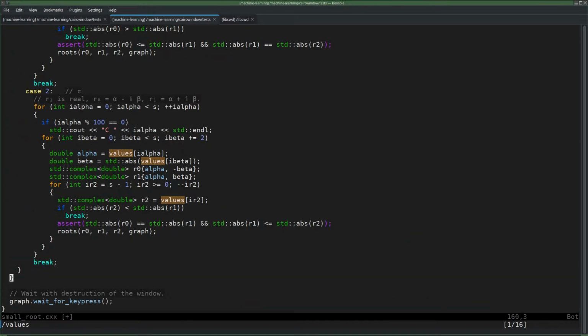Also, let's pass the point style to the roots. So this is point style case C. Point style case B.